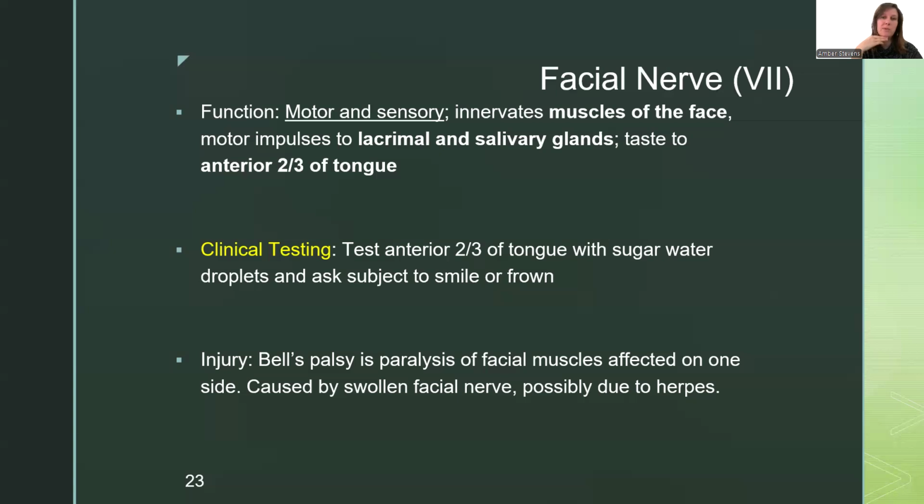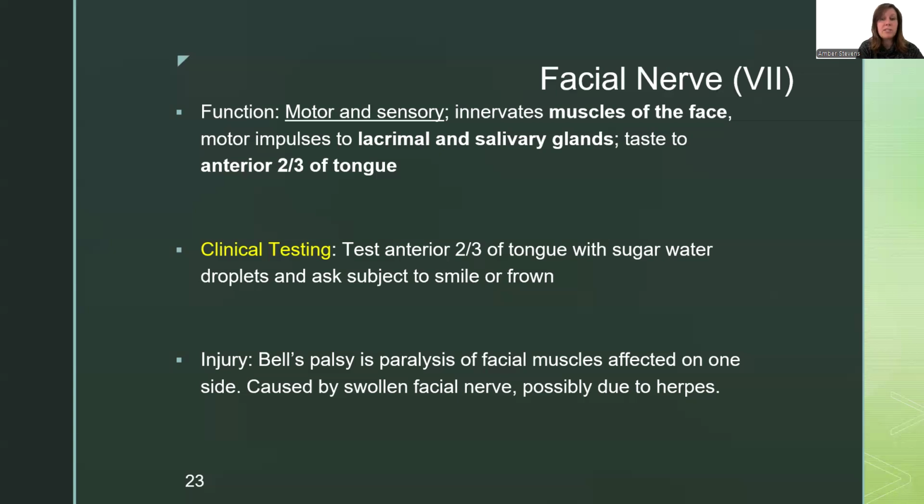So in pain management, we're focused on nerve 5, but the facial nerve is important to know because it does have so much function with the oral cavity. To test this nerve, you're going to check facial movements such as smiling or frowning. You can also test taste on the front part of the tongue with sugar or salt solutions.